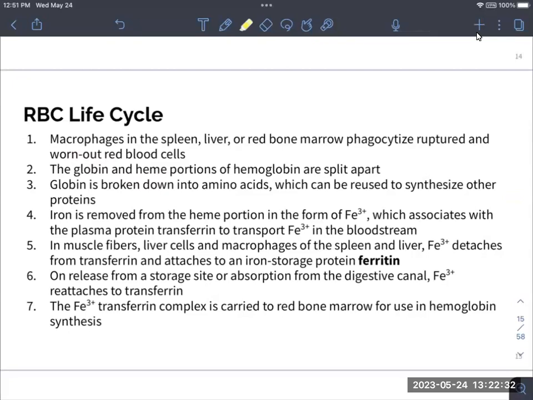So these are the different red blood cell life cycles. As our red blood cells get worn out, macrophages, which are one of our white blood cells, phagocytize them. Phagocytize means they eat or engulf, wrap around and completely take inside of them any kind of worn out red blood cells.